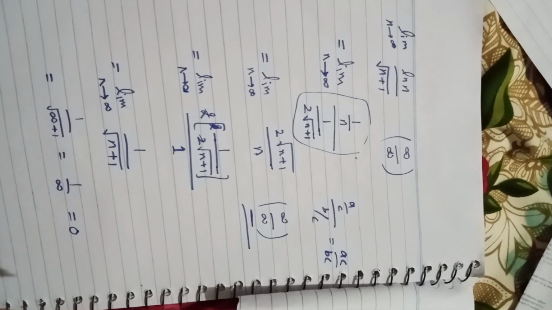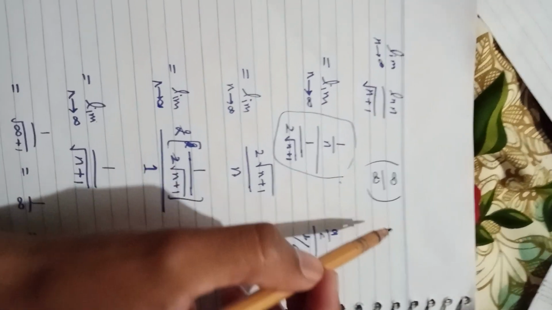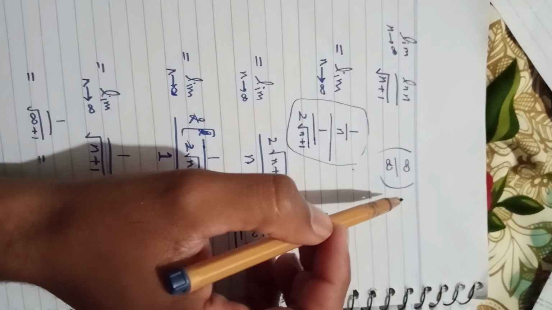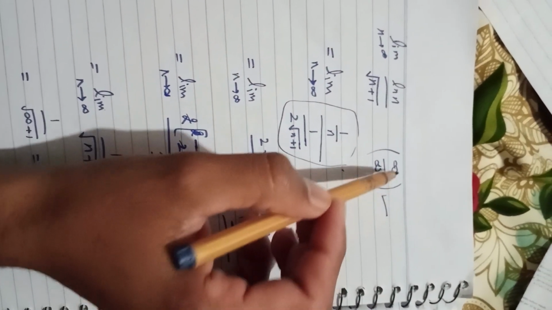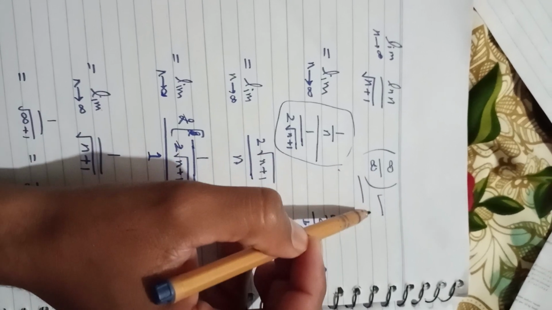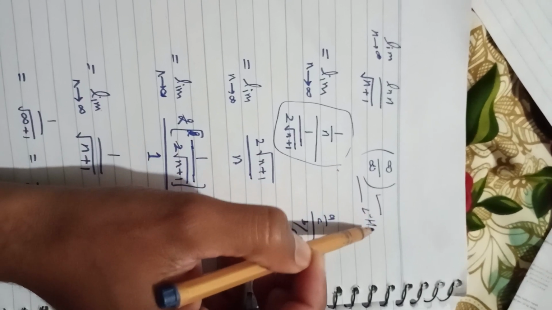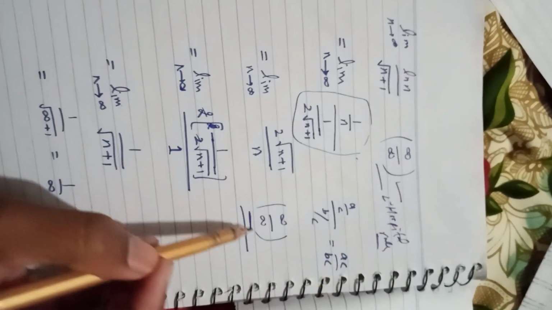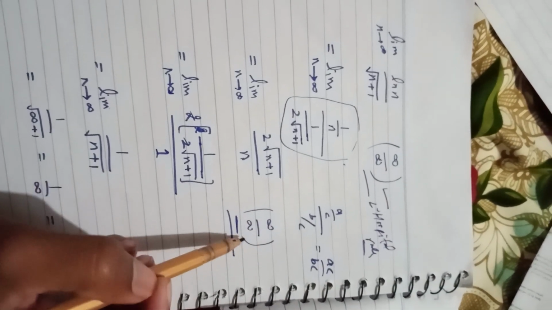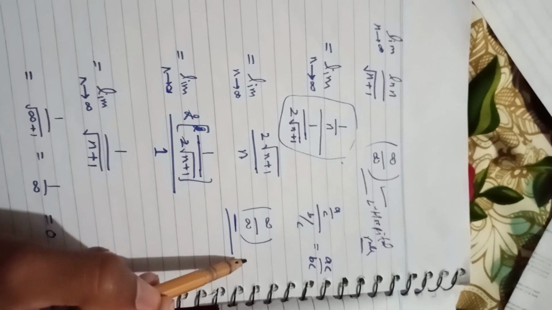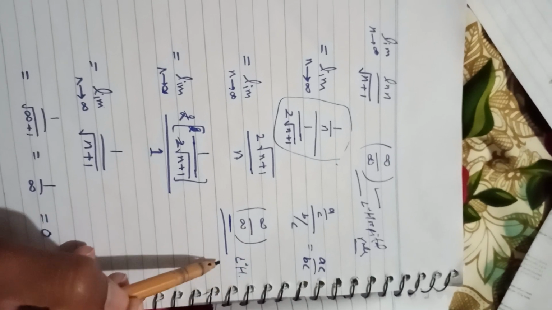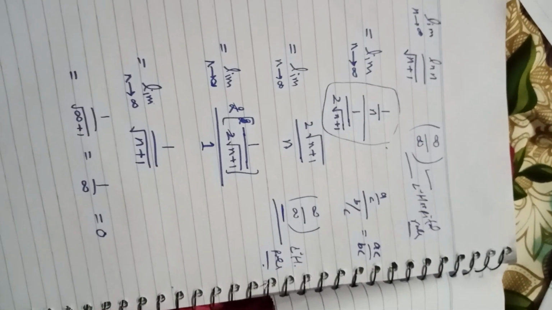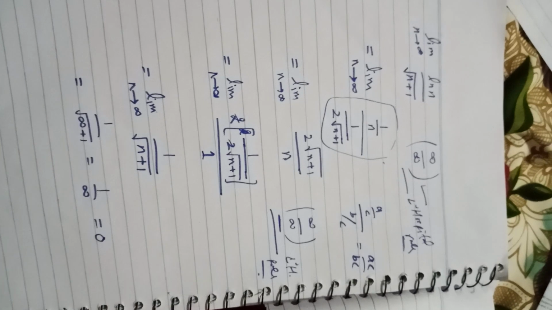In this question, we have used the L'Hospital rule 2 times, because at the first stage we have infinity over infinity form, so we use the L'Hospital rule. And at this stage, because we again have infinity over infinity form, we again use the L'Hospital rule here and we get this limit. I hope you understand it.